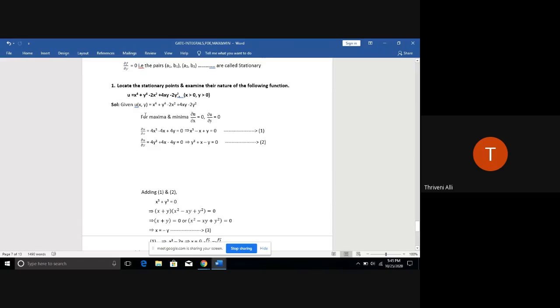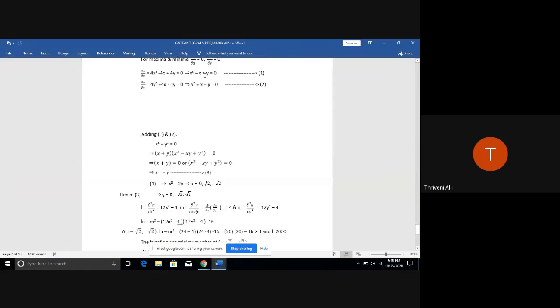For both maxima and minima, first of all we have to take ∂u/∂x and ∂u/∂y equal to 0. We get two equations, equation 1 and equation 2. These two equations are similar, so we will take x equal to y also. How will we solve? Adding 1 and 2, we get x cube plus y cube equal to 0.